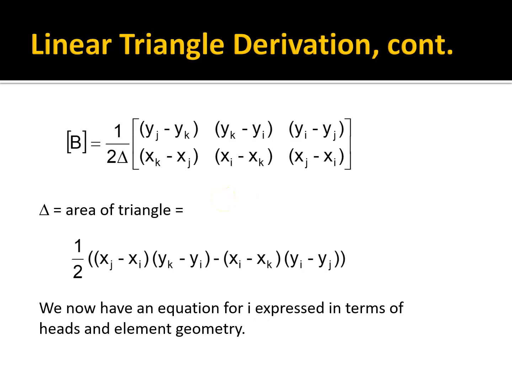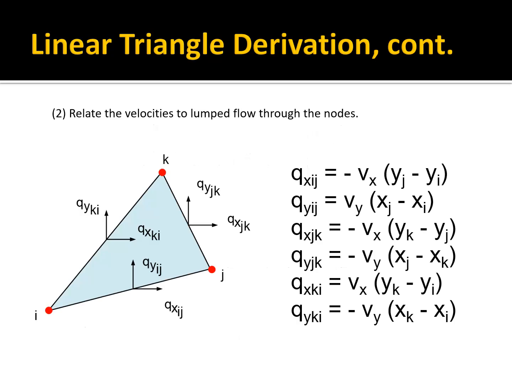But we're not done. Our next step is to relate the velocities to lumped flow through the nodes. Now, if we look at the midpoint of each of the three edges of the triangle, qxij, the flow in this direction, is equal to minus the velocity. We're putting a negative sign on the velocity in the x direction here because it's coming out of the element: minus vx times yj minus yi. So yj minus yi is the cross-sectional area through which the velocity in this direction flows.